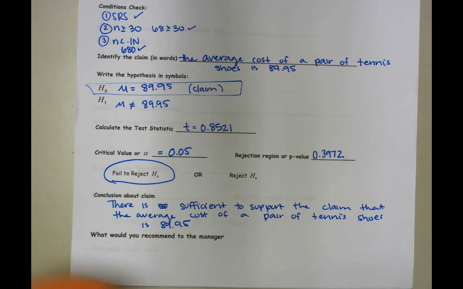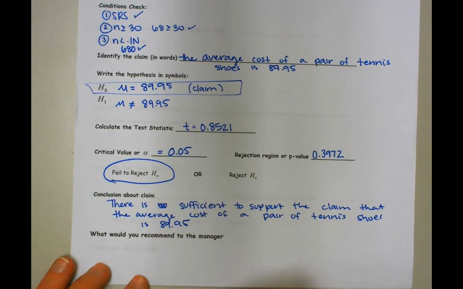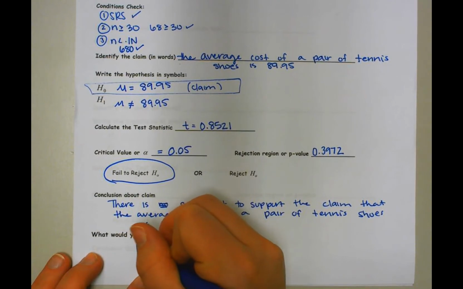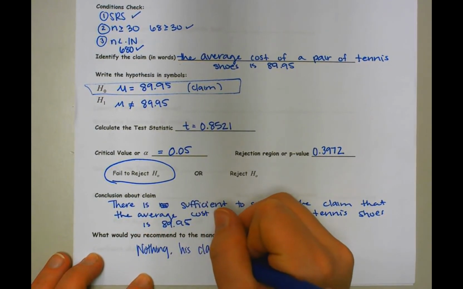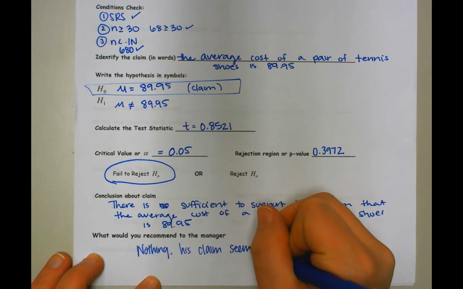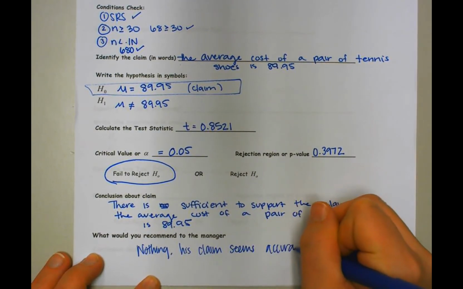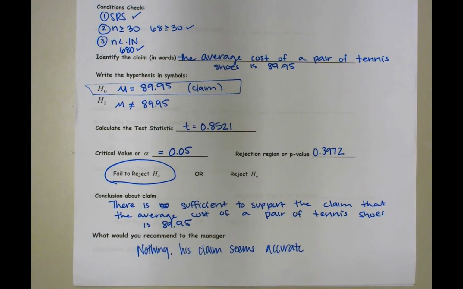We're not concerned about it. So I would say he's fine. His claim seems somewhat accurate. If we rejected it, we would say that you can't claim that. That's not true, but we stuck with the claim that the average cost is about $89.95.